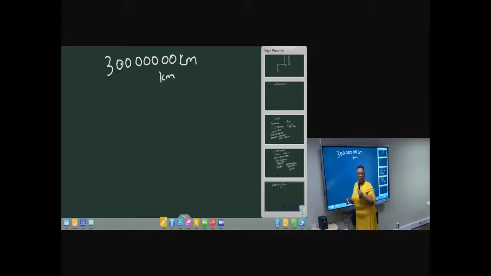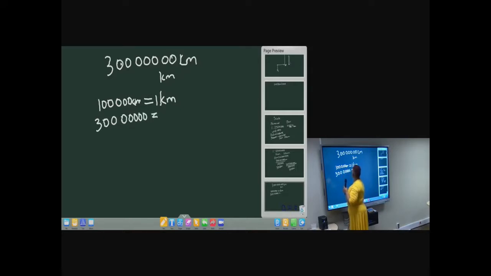You know that 1 kilometer is 100,000 centimeters. So how many kilometers are in what you have calculated?